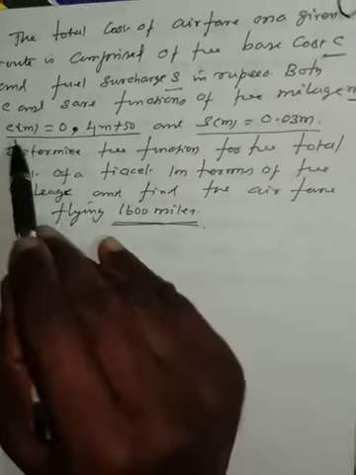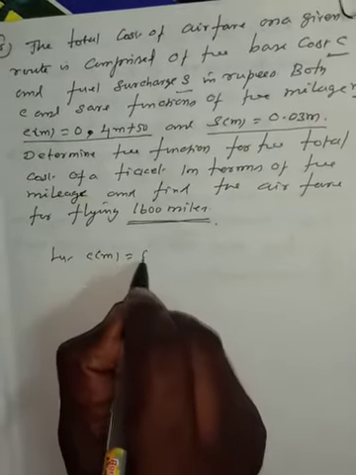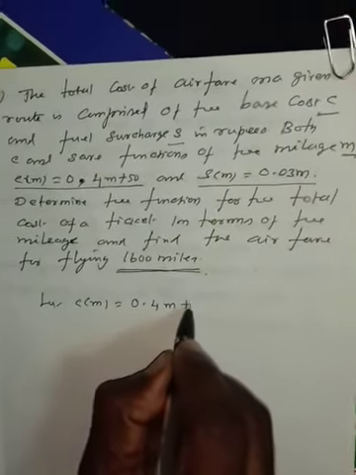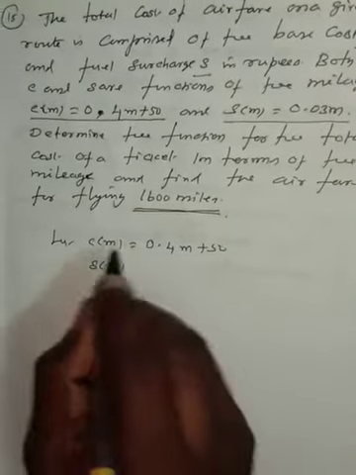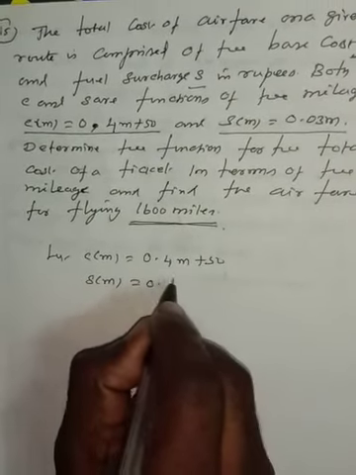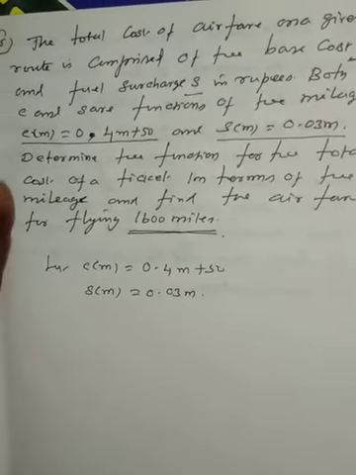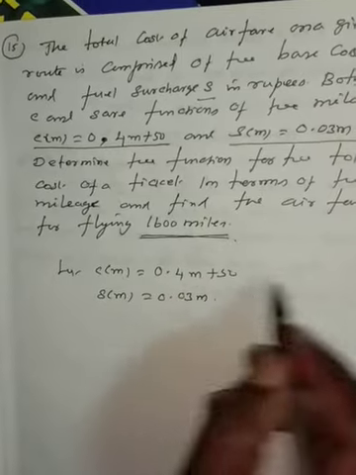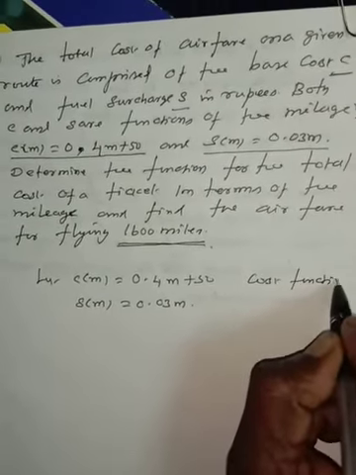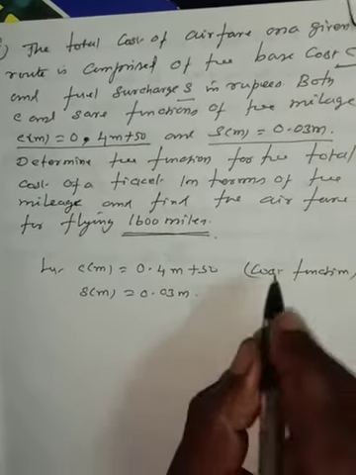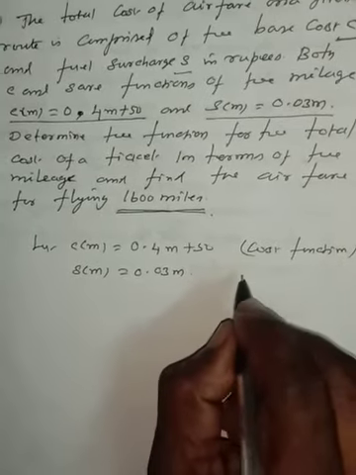The cost function C of M is equal to 0.4 M plus 50 and S of M is equal to 0.03 M. C of M is the cost function, S of M is the fuel surcharge.